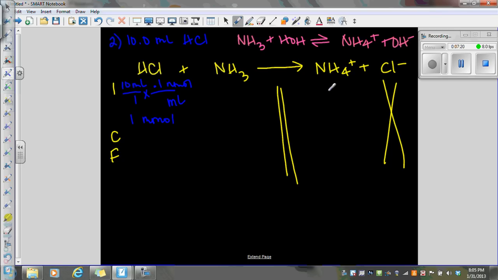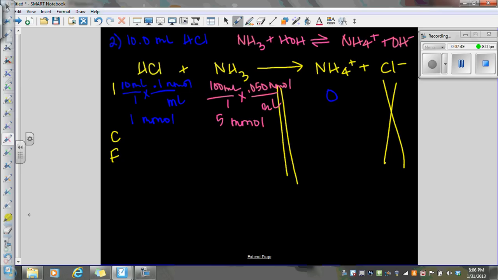We have 0 millimoles of ammonium to start. Now, ammonia from the previous slide, we have 100 milliliters of ammonia, and it is 0.050 molarity. So if we take 100 times 0.050, we are going to get 5 millimoles.